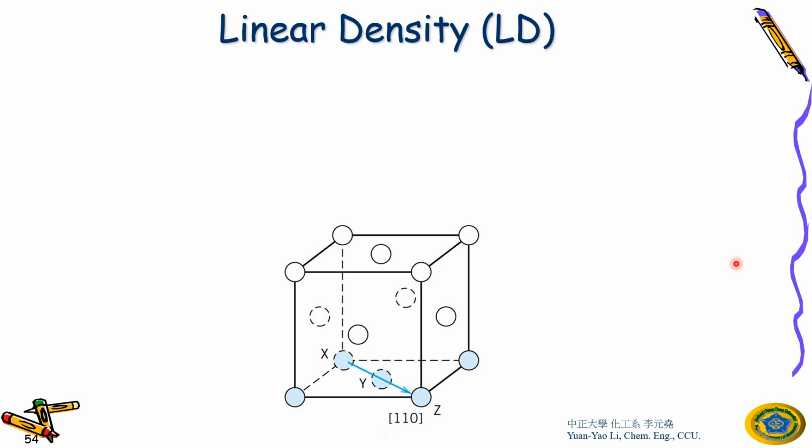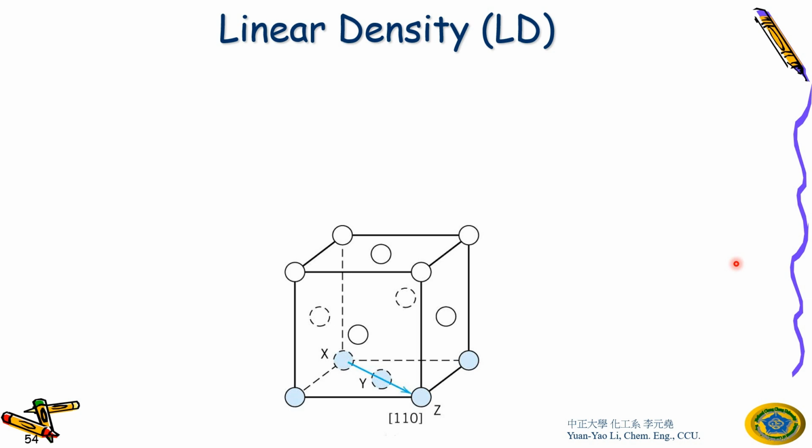And why is this important? You know, density is how heavy. If you think of density as how heavy, linear density and planar density depend on how many atoms are on one plane. Okay, if you have a surface, you have atoms. You want to calculate how many atoms are on the surface. Right, this is called planar density.